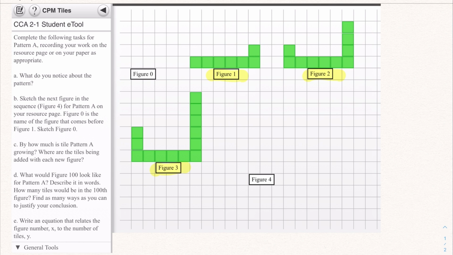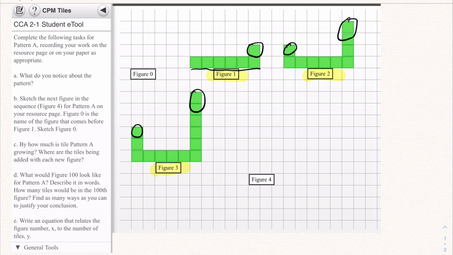Well, figure 1 is a flat line with one tile on the right side. It just cuts across, and we've got one tile here. In figure 2, I've now added one tile to the left side, and 2 more tiles to the right side. That's how it changed from 1 to 2. And then if I look at figure 3, it looks like I've added another tile to the left and 2 more tiles to the right.